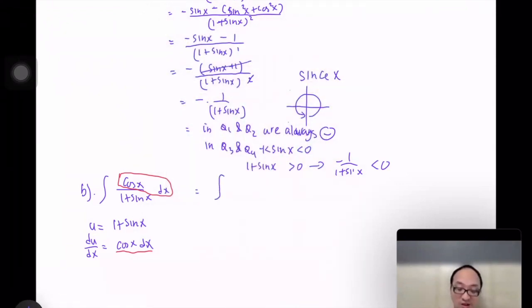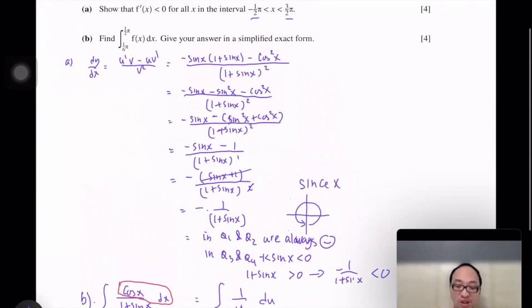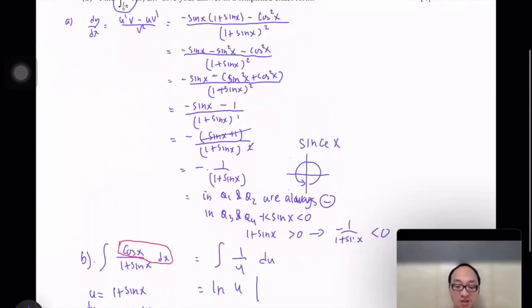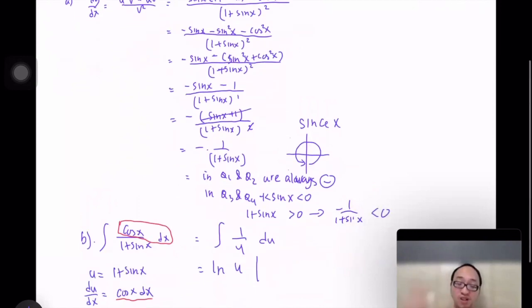Equals the integral of 1 over u du, so it's ln u. Now put in the boundaries. The boundaries here are for x, but because we have u, we can change the boundaries in terms of u.